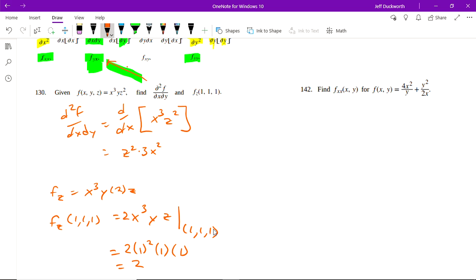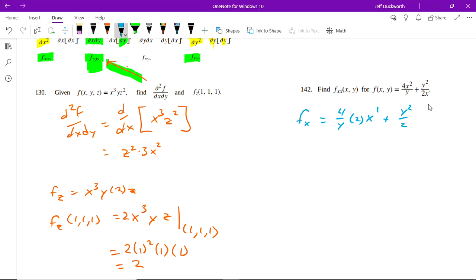Number 142, we're taking essentially the second derivative there. So f of x is our first derivative. So we have 4 over y times 2 x to the first is the derivative of that first fraction. And then that second one, we're looking at plus y squared over 2, and we've got x to the negative 1.